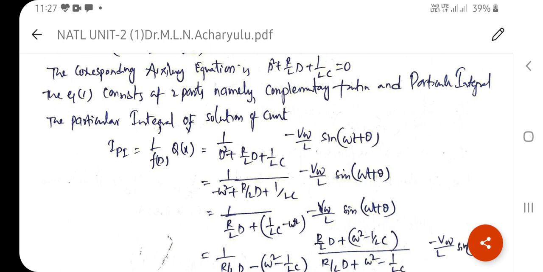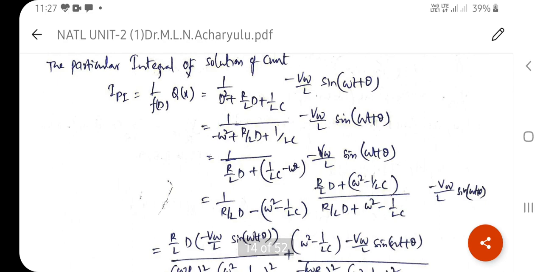So we rewrite the equation as 1 by minus omega square plus R by L into D plus 1 by LC, into minus V omega by L sine of omega t plus theta. That is, 1 by R by L into D plus of 1 by LC minus omega square, into minus V omega by L sine of omega t plus theta.